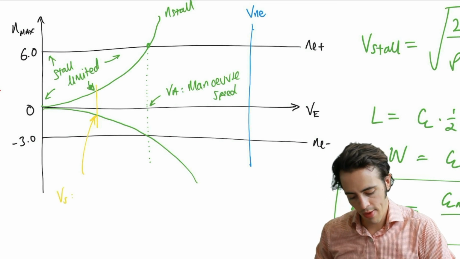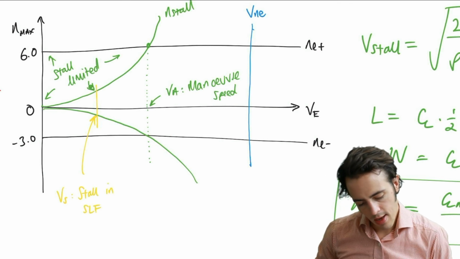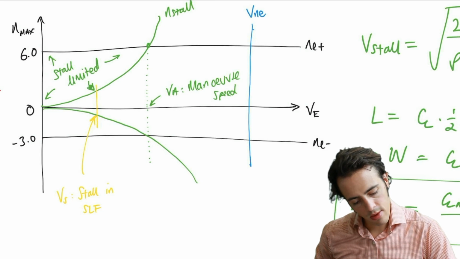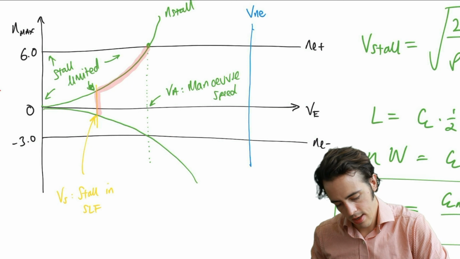Vs, because we wrote that down earlier. So that's stall in steady level flight. So we've now got this area in which we can fly our aircraft.